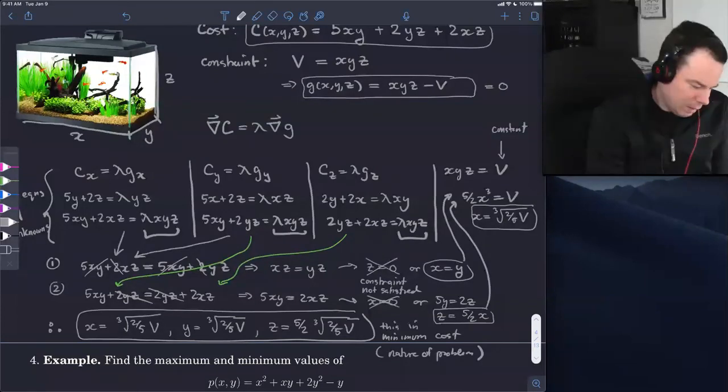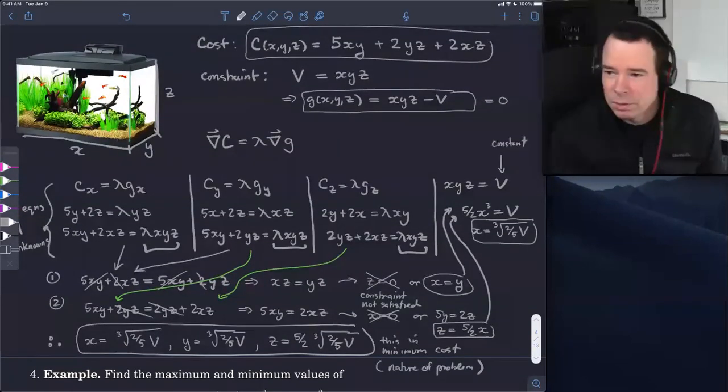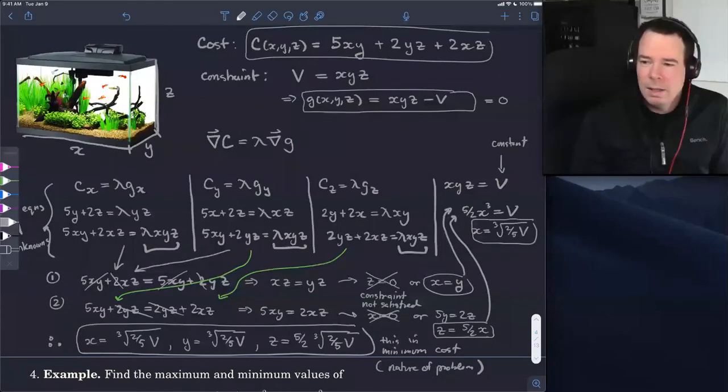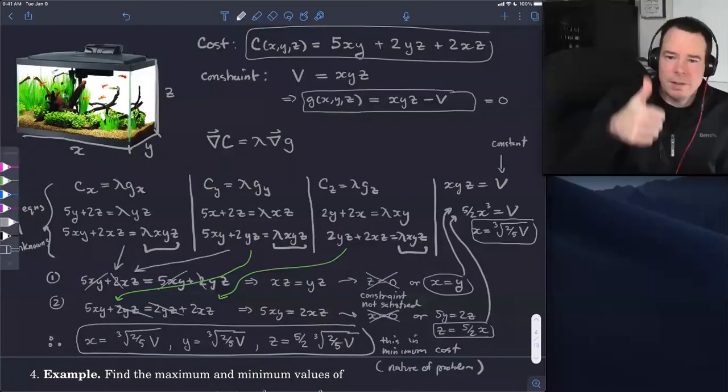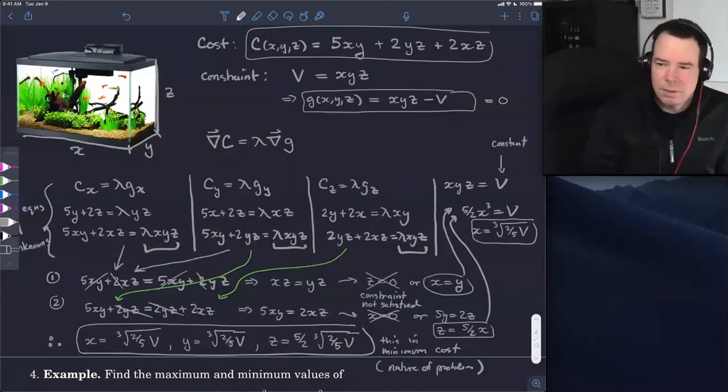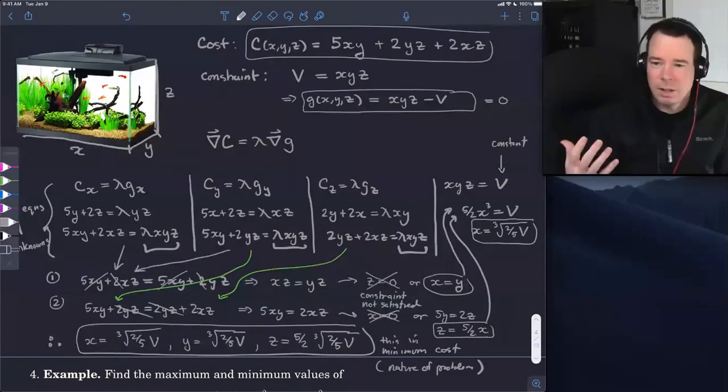I mean, if I'm looking at the tank and I look at my cost function, if I take x and y, because that's the base, and I just make the product of x and y as big as I want, then that makes the base as big as I want and drives the cost up, because that's the first factor in the cost function, 5 times xy. So I can make xy as big as I want and drive the cost really high.